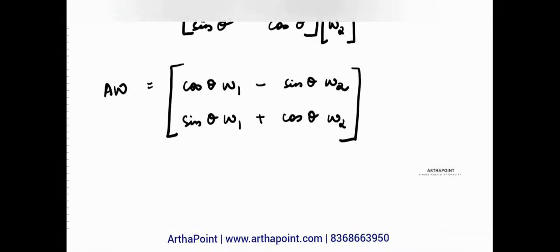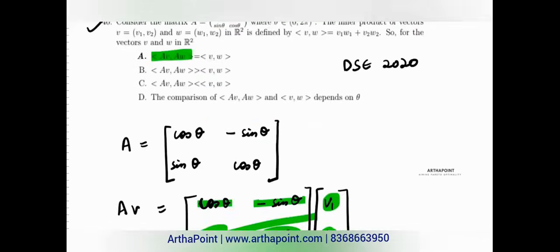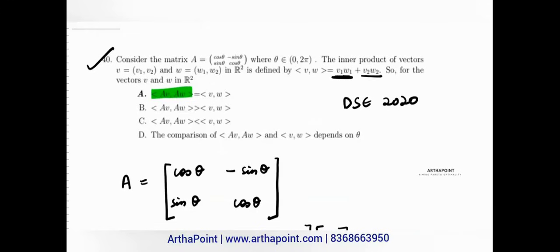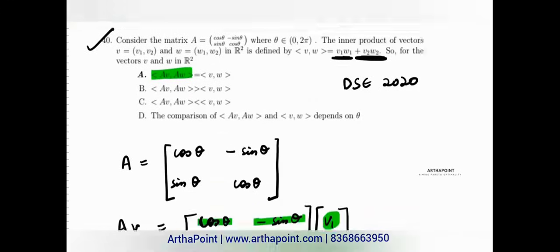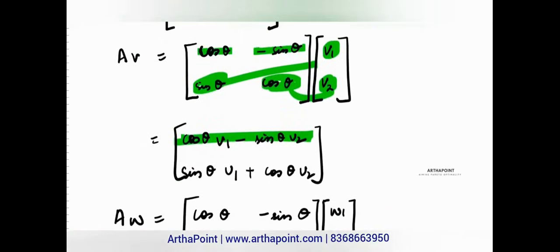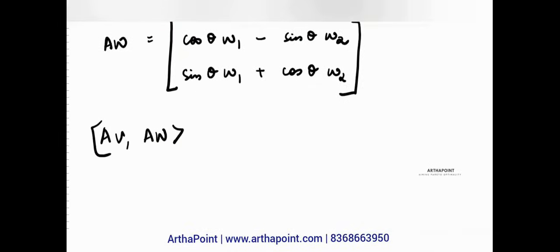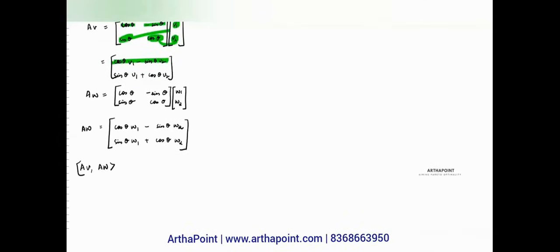So the dot product of AV and AW will be to go ahead and do what? V1 W1 plus V2 W2. So which means that if I have to go ahead and write AV, my AV will be cos theta V1 minus sin theta V2, sin theta V1 plus cos theta V2.